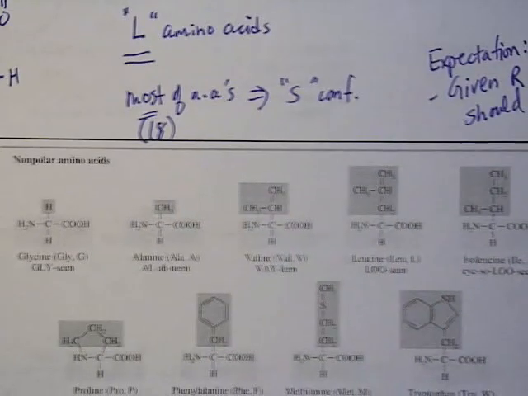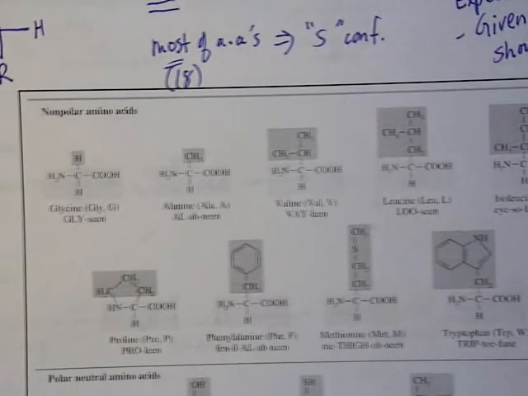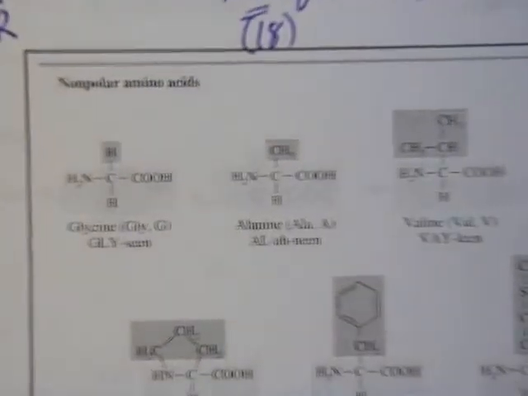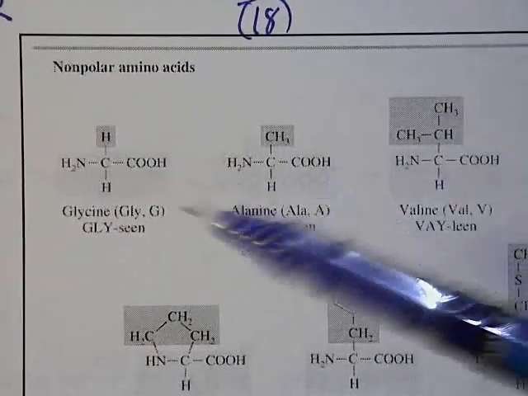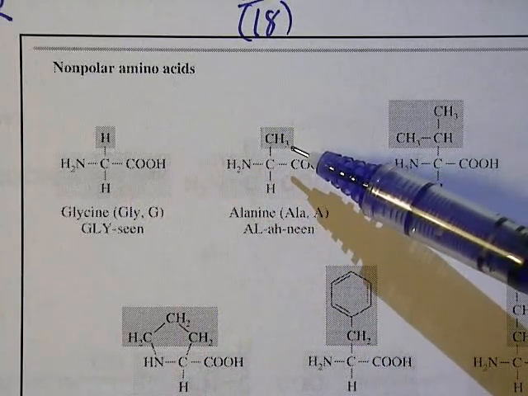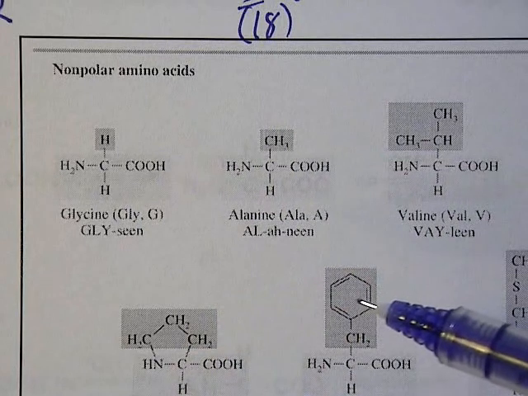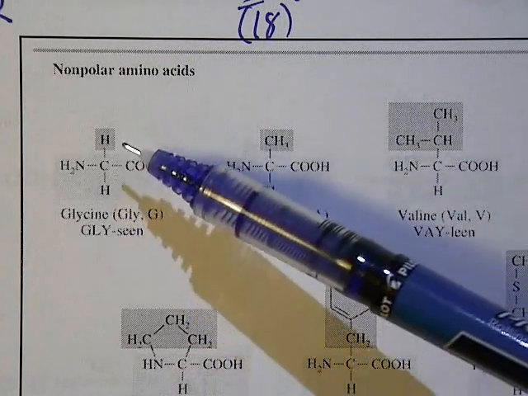Okay. So the first category that we're going to look at is the non-polar amino acids. All right. As the name indicates, if you look at the structures carefully, by the way, what is in the gray is the R group, the side chain. So notice everything else is all the same. It's got the amino group and the carboxylic acid.